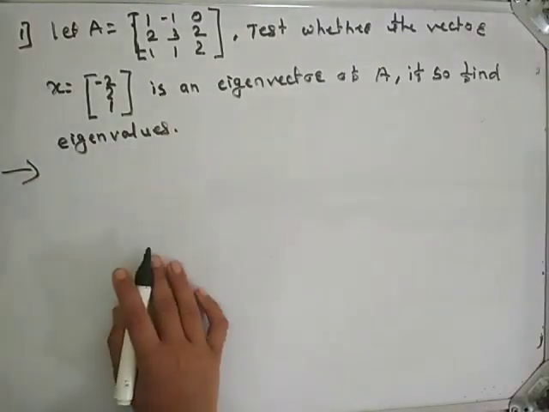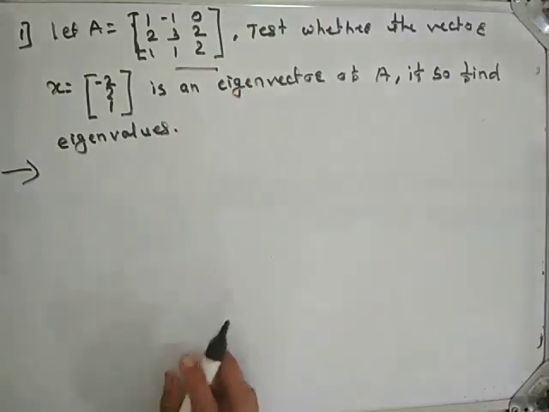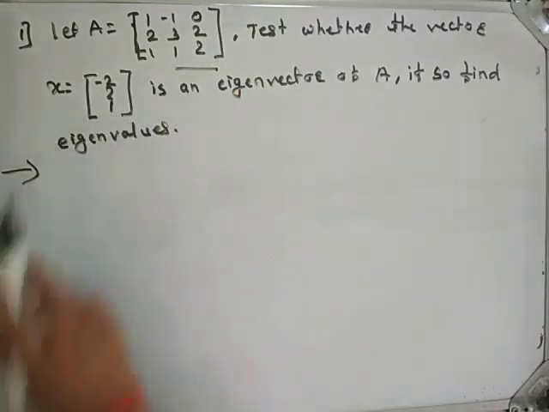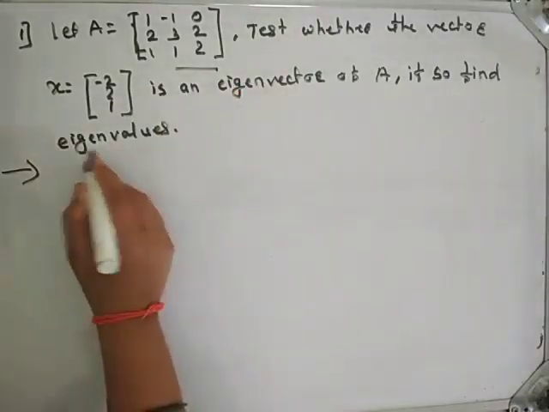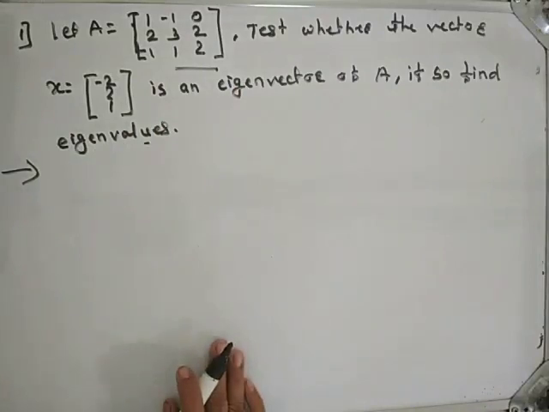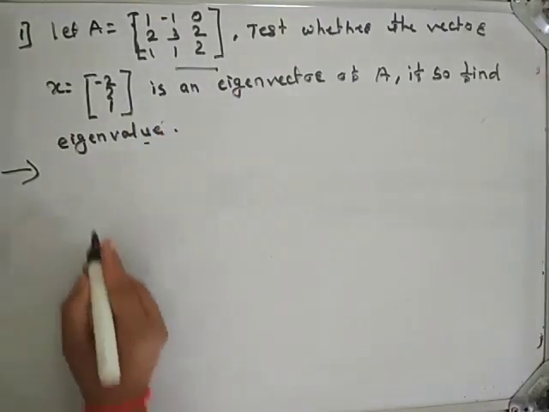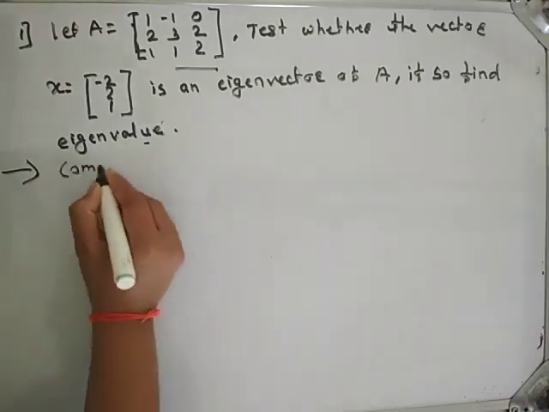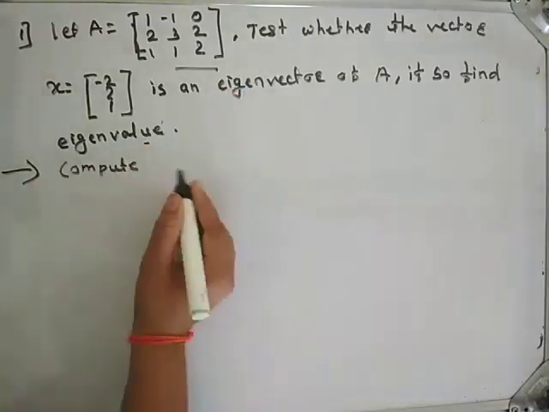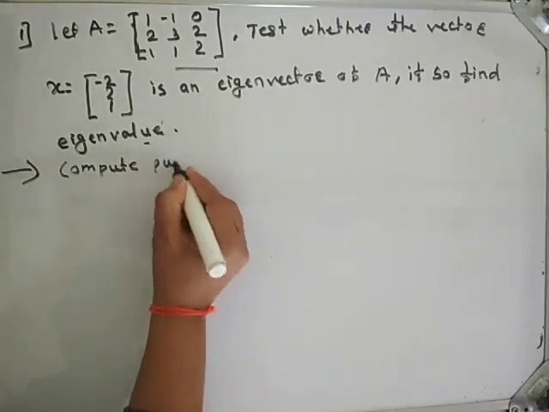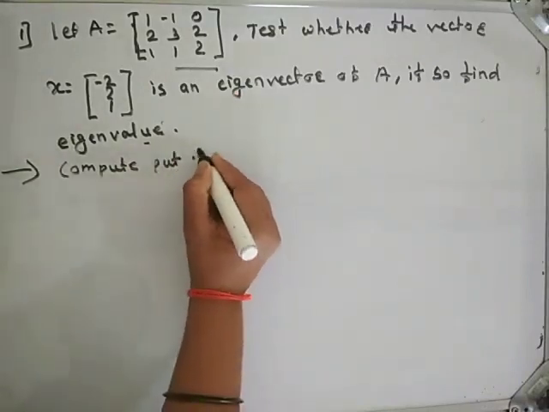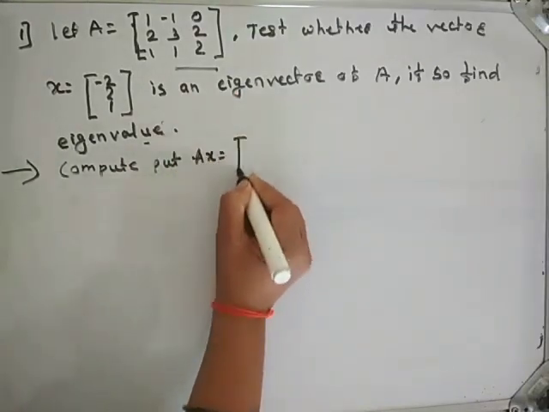Solution. See here students, this is a matrix A. We are given an eigenvector and we have to find only the eigenvalue. First we have to compute A into x.